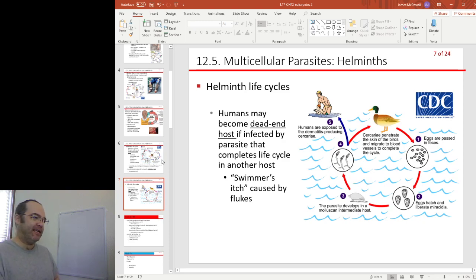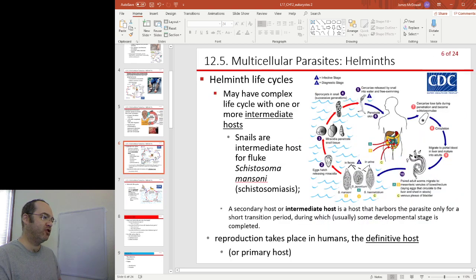One of the ideas behind trying to control these diseases is trying to control the intermediate host. If you can get rid of the snails, then the people can't get infected, because without the snail we don't have the infective stages of the helminth life cycle.